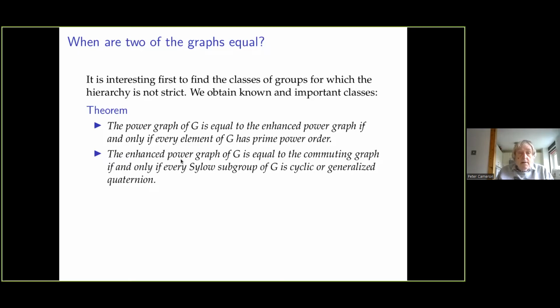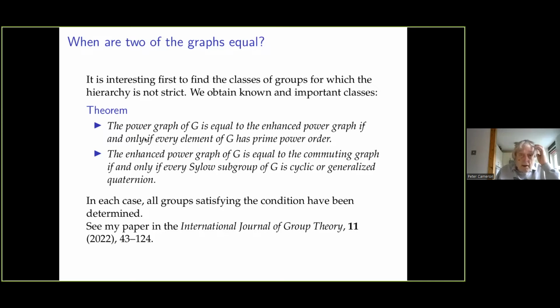So in particular, for the Sylow subgroups, there are no subgroups C_P cross C_P, and so by an old theorem of Burnside, the Sylow subgroups are either cyclic or generalized quaternion, and all these groups are classified as well. So we have complete lists of the groups satisfying either one of those conditions.